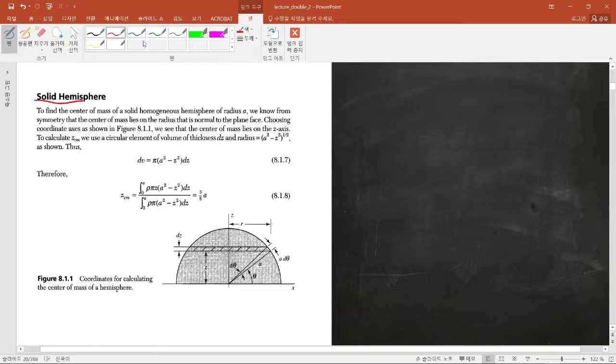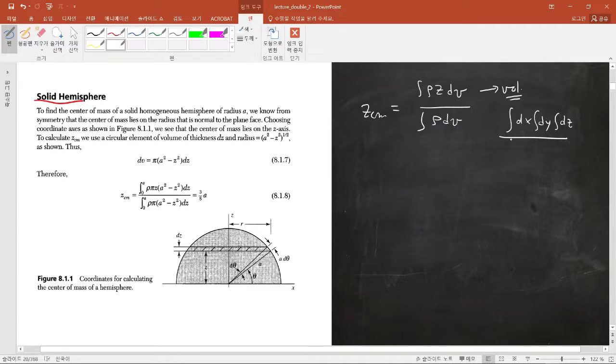The z center of mass is equal to the integral of rho z dV over the integral of rho dV, and here this is a volume integration, so you have to do the x, y, z integration. Since this is a finite integral and the result is finite, the ordering does not matter.